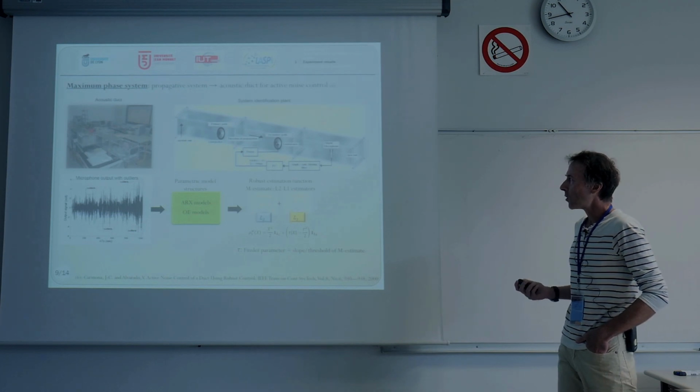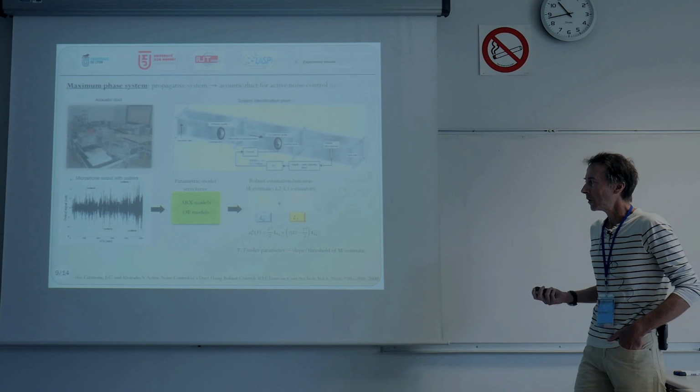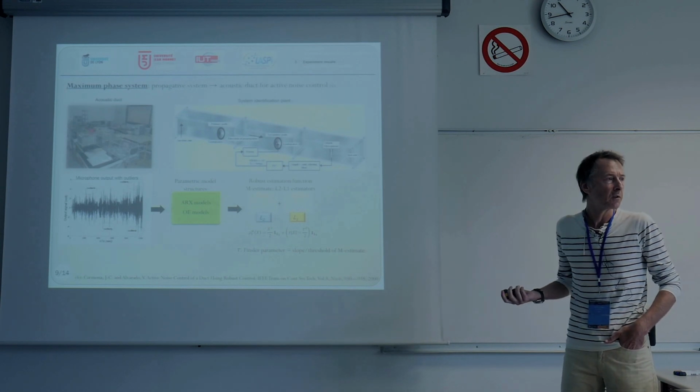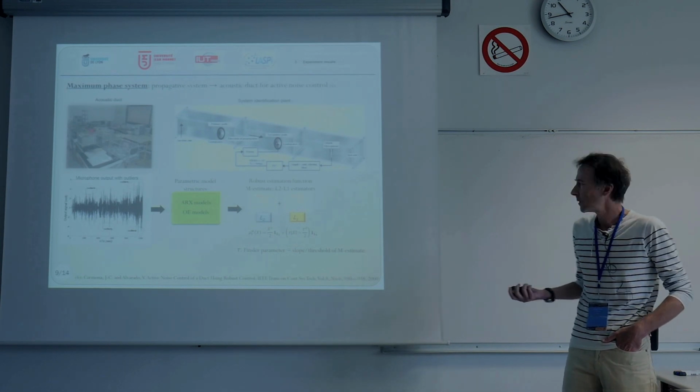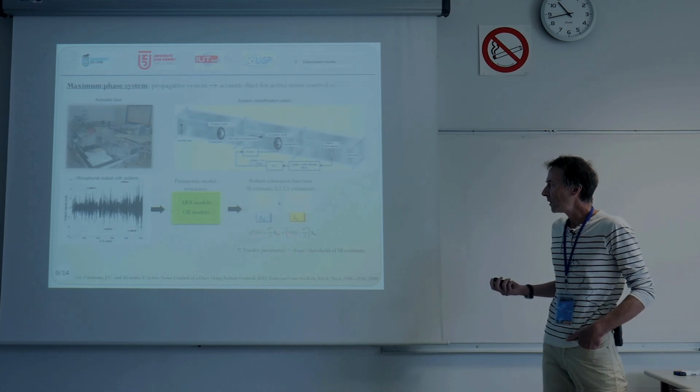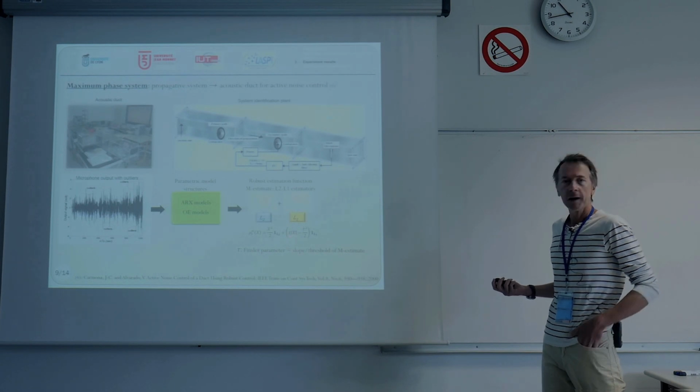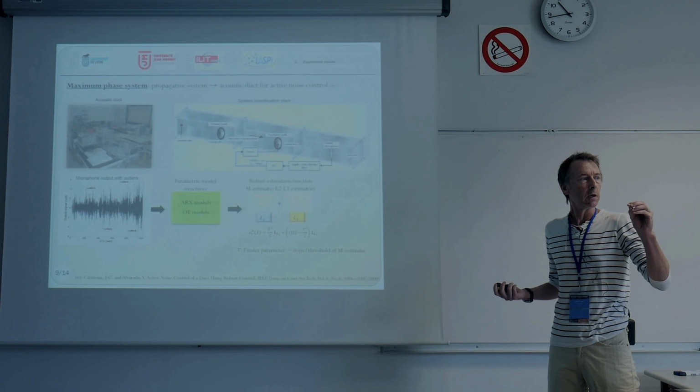And for the estimation function, we use an L2, L1 function. This is the Huber M-estimate, the classical M-estimate. And you can see the slope threshold of the M-estimate, the parameter tau. This is the Finsler parameter in the omega.